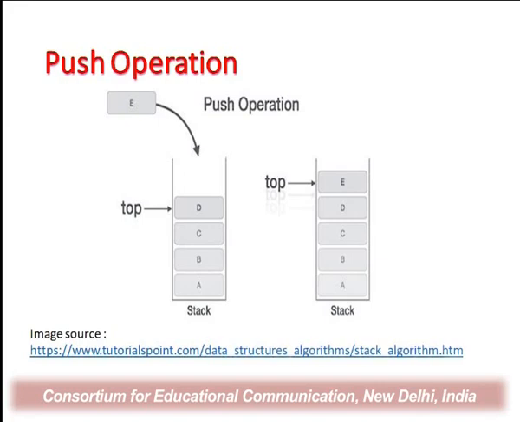So, before pushing E, our top is at D, then E is pushed onto it and top is incremented to point to this latest element which is being pushed. So, this is actually the push operation. Before any push operation, when the stack is empty, our top is equal to -1 and then top keeps on incrementing every time we push an element.